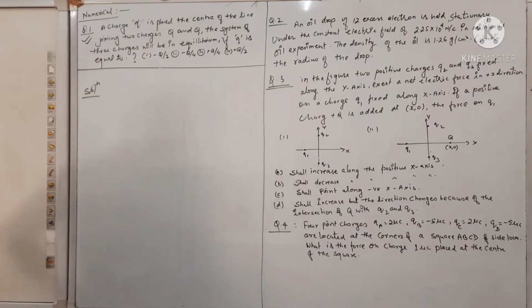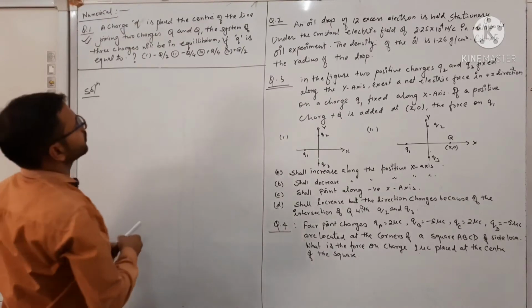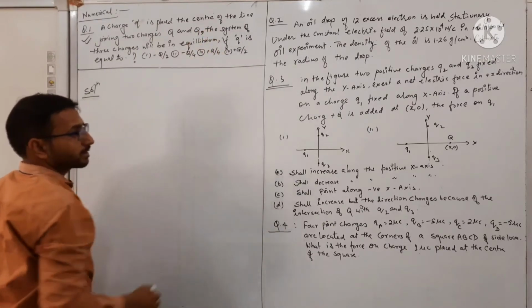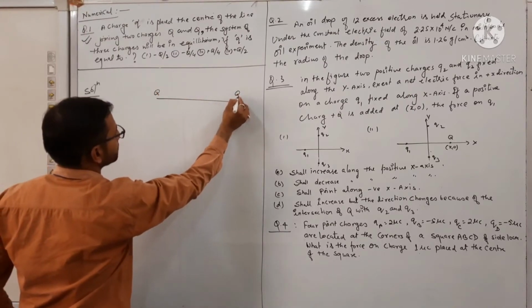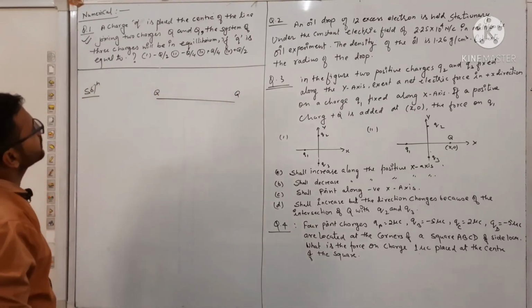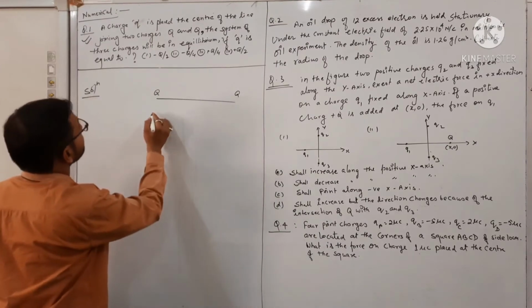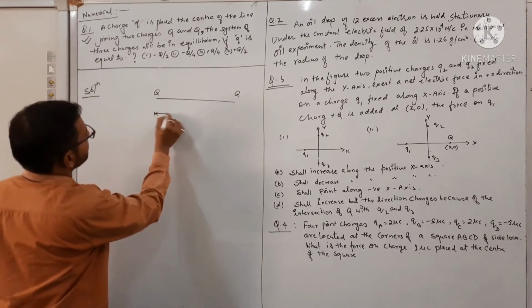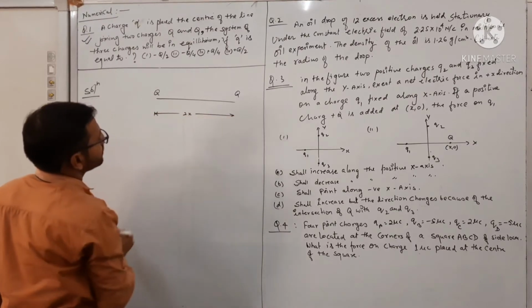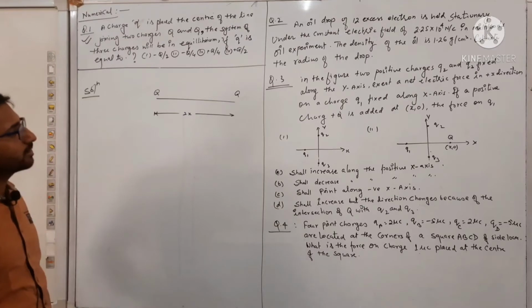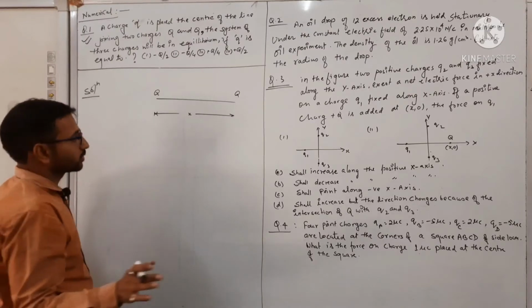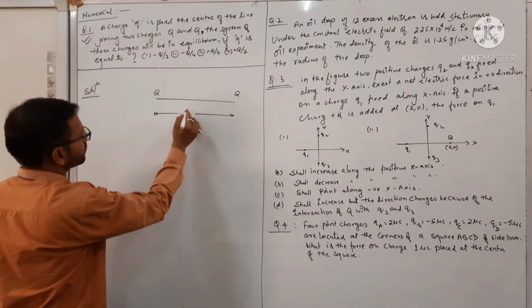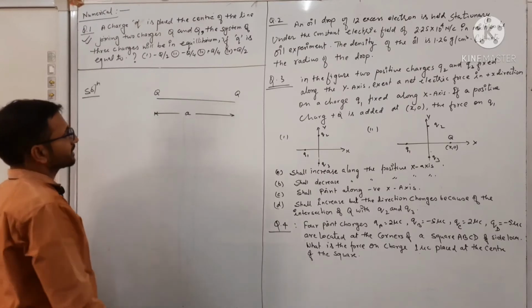So we have been given here a charge Q placed at the center of the line joining two charges Q and Q. Okay, so we have two charges, Q coulomb each, and he said a charge Q is placed at the center of the line joining them. So here we can consider the distance between them to be 2x. It is easy for us for the calculation, or you can take this distance as x only. Or you can show it by a also. Okay, so I am considering here a.